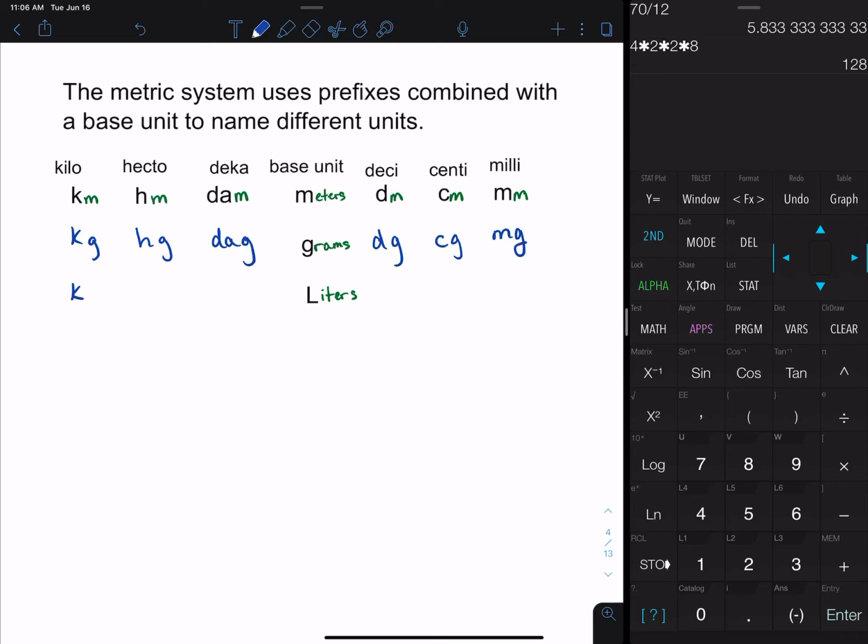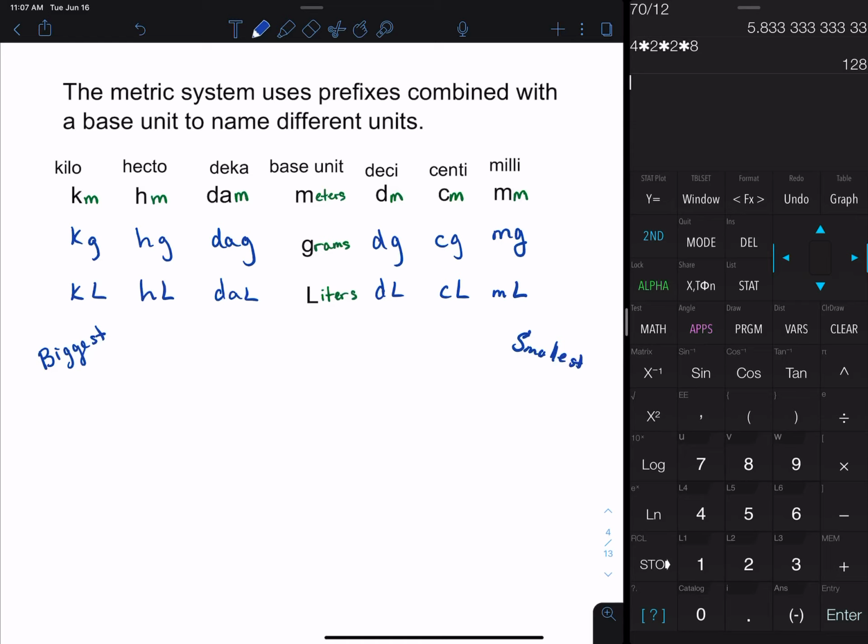And same thing for liters, I would just put that L after everything. And you can use an uppercase L or a lowercase L, either one. So it helps to know that this kilo is the biggest and the milli is the smallest based on the units we look at. They do go smaller and bigger.